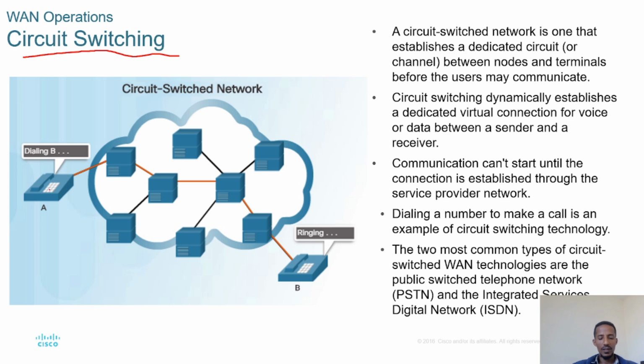First, before communication, you need to have a ringing. Whenever this person starts speaking on the phone, this path will not be used by any other device before the completion of communication between phone A and phone B. Whenever phone A and phone B finish, this line will be free for others to use.